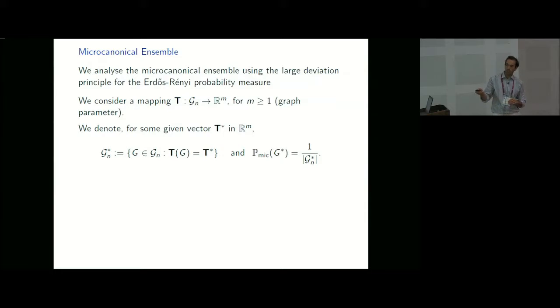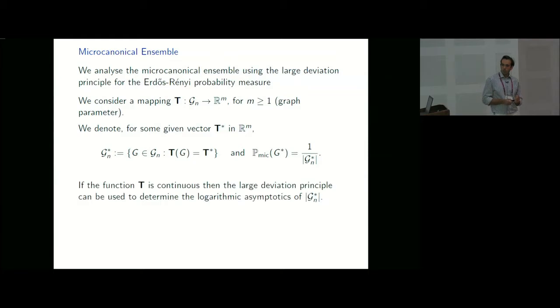And now here we have to count the number of graphs that satisfy this constraint, and here comes the large deviation principle. If this function T is a nice function, if it's continuous, for example, then it's easy to characterize closed and open sets in this graphon space, and then we can use the large deviation principle to determine the logarithmic asymptotics of this quantity.